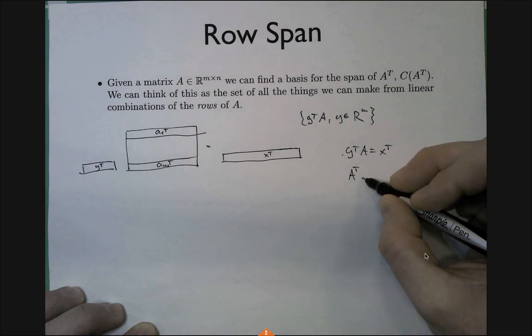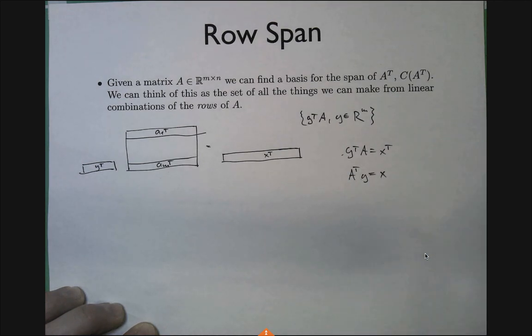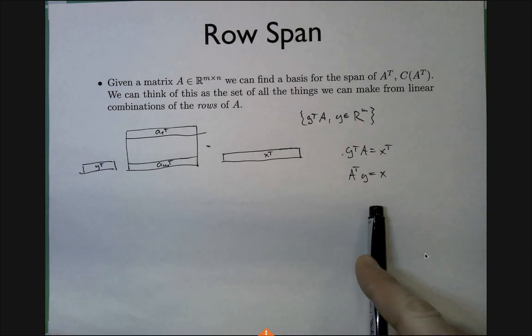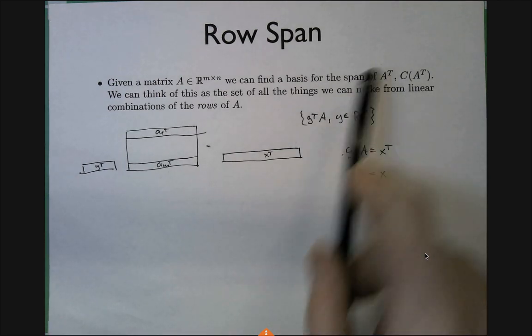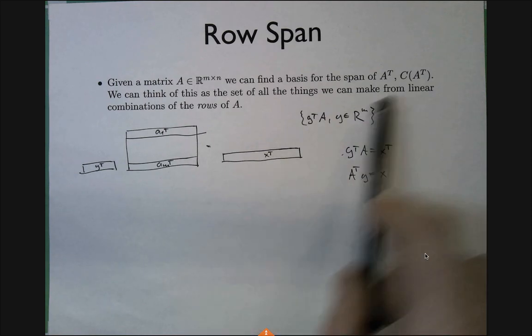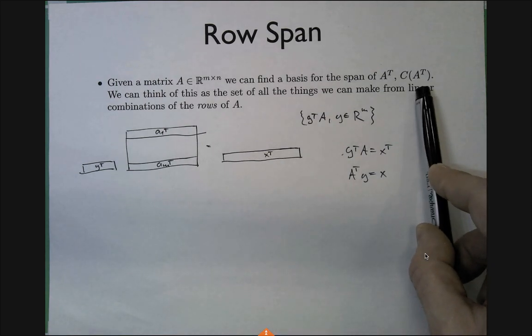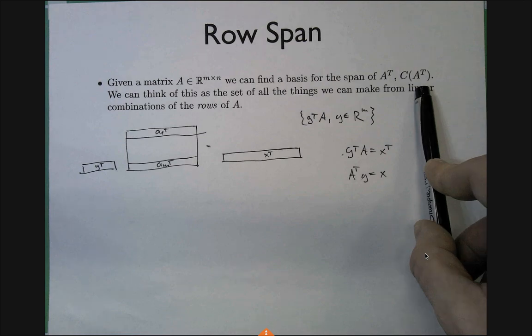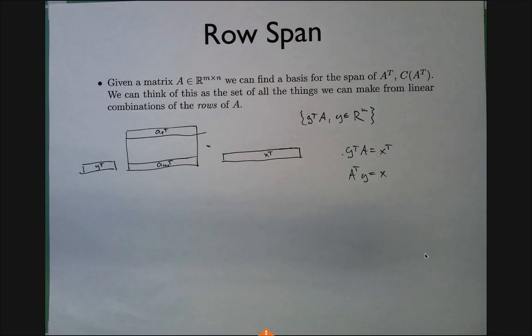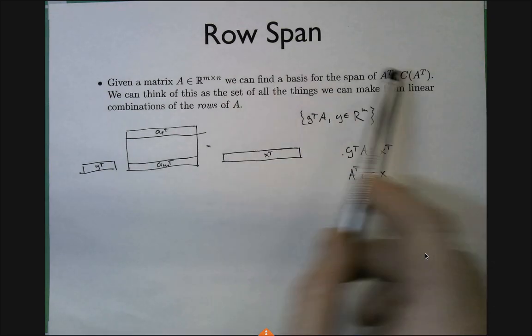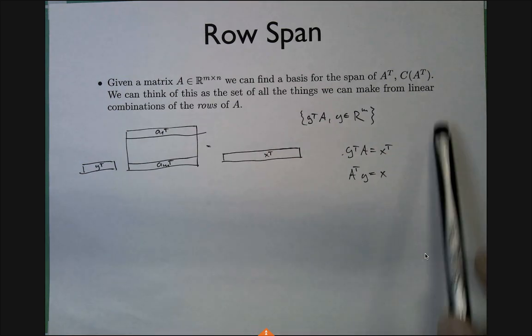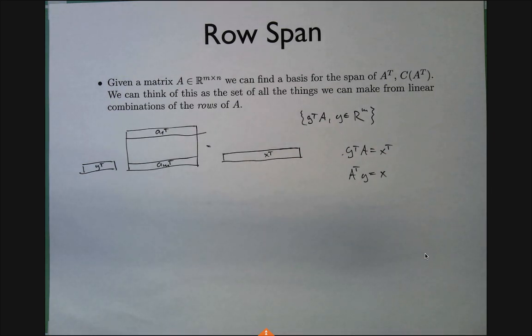I can say equivalently that A^T y is x. And that's basically saying nothing else than the row span of A is nothing but the column span of A^T, right? I guess it's not very surprising because the transposition swaps the role of rows and columns, where rows will become columns. So if I'm looking at the row span of A, I can equivalently be looking at the column span of A^T. Okay?